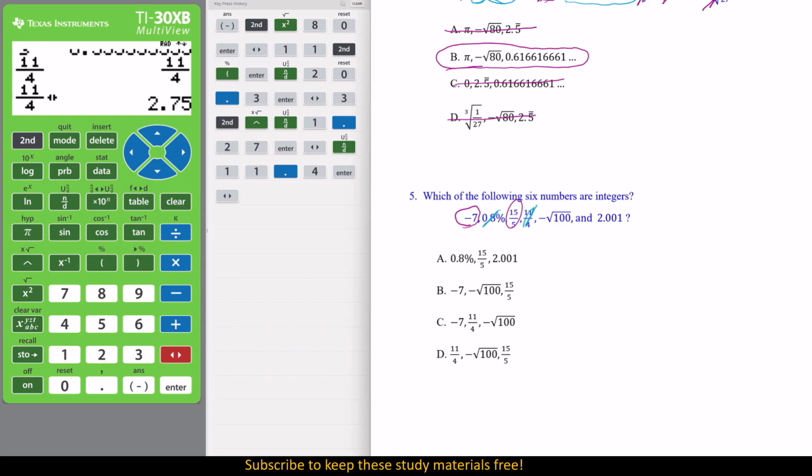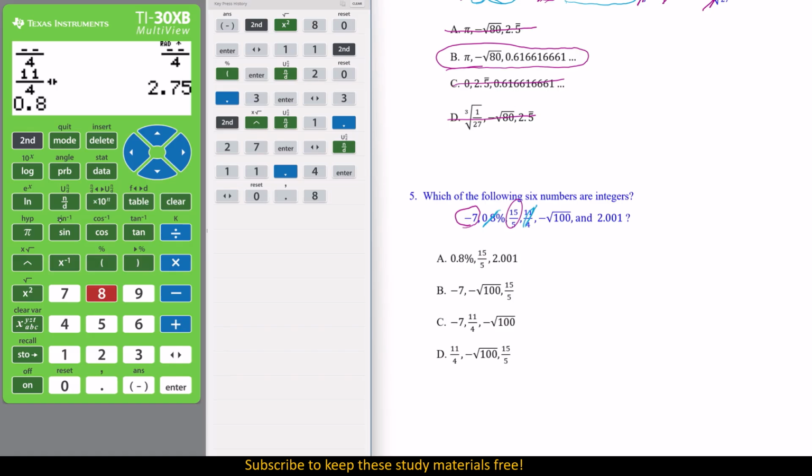Okay. All right. And then if you don't, let's go back to this 0.8%. 0.8. And now we have to say it's a percent. So say second, open parentheses, push enter, and obviously that's a decimal, which is not an integer. Okay.